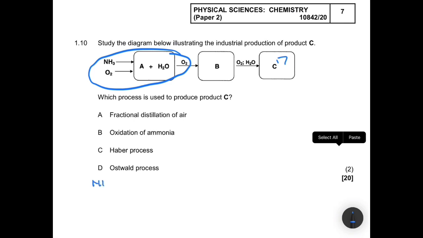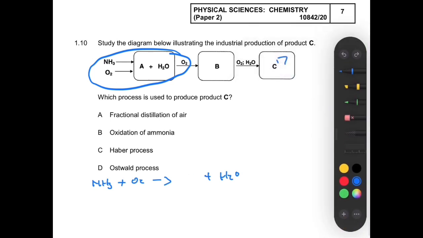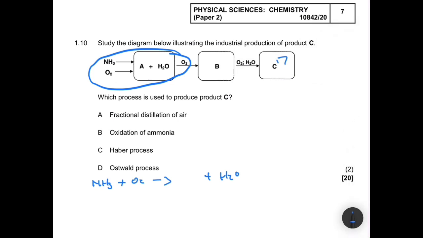So we have NH3 plus O2, and then somehow we're going to have H2O plus something here. This is actually the Ostwald process. What we have here is NO, and the equation is unbalanced. You have to do that work.